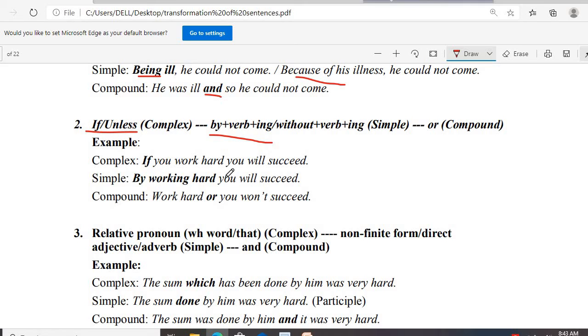And you will use or in compound sentence if you have unless or if in a complex sentence.